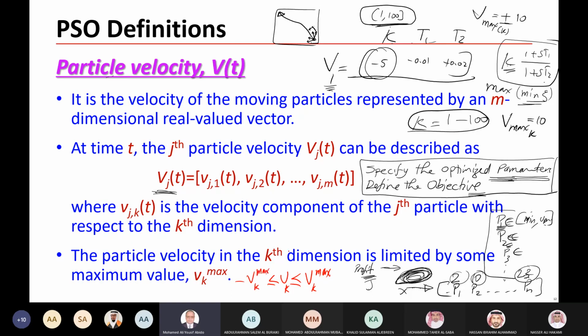The velocity of the particle is between minus Vmax and Vmax in this dimension. And this resembles the learning process. You cannot find overnight a big change in the learning of a person. Learning process is slow, grows with time.